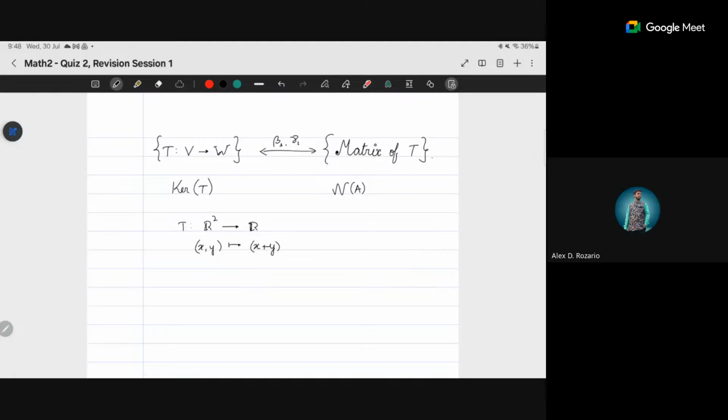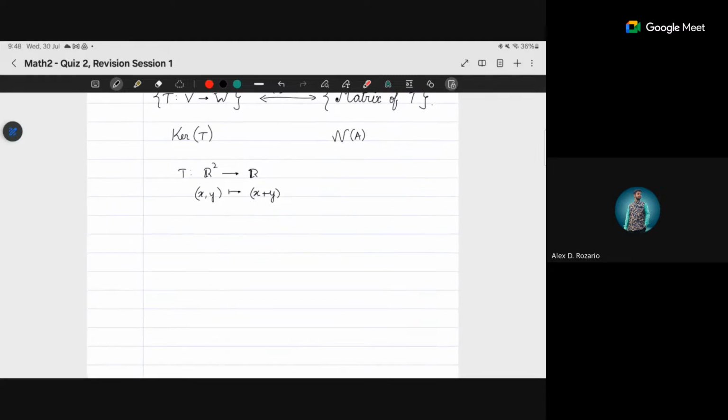Just by observation, you know that this has a kernel, which is exactly the line y equals minus x. Now, what is the matrix representation of this? What is the size of the matrix representation? It's 1 cross 2.